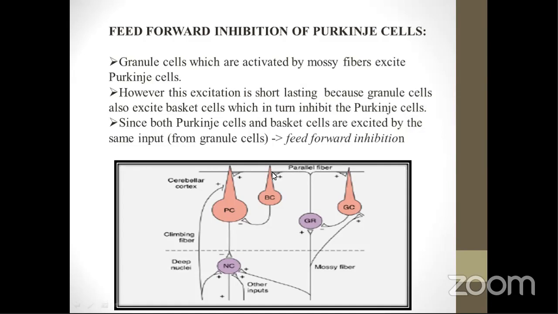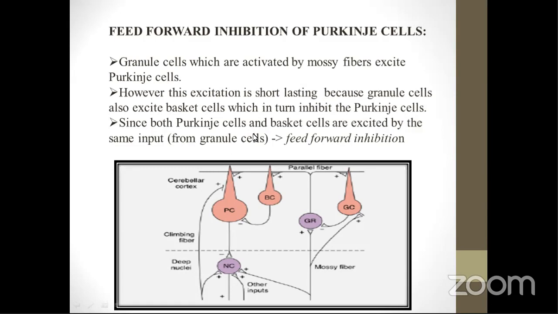These parallel fibers are connected to all other cells, and one of the cells is the Purkinje cell. So if the mossy fiber is exciting the granule cells, via the parallel fibers it is also exciting the Purkinje cells. And this Purkinje cell also has a basket cell, which has control over the activity of this Purkinje cell. So there is an inhibition.